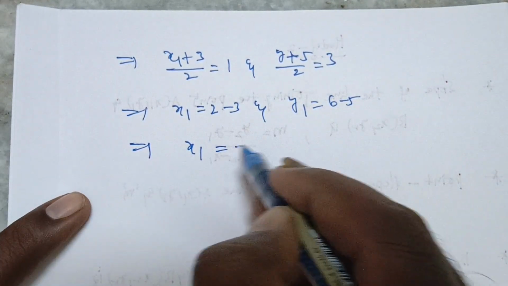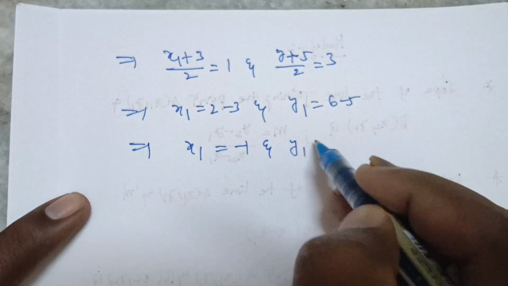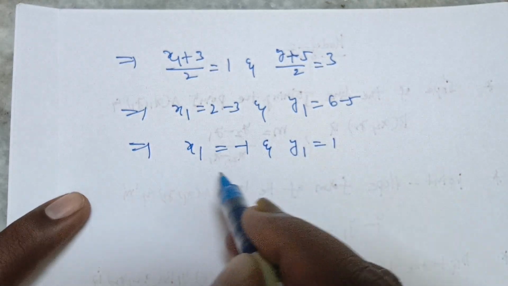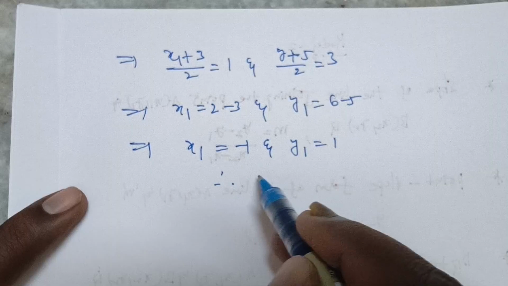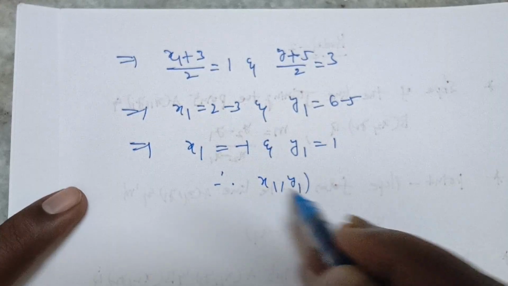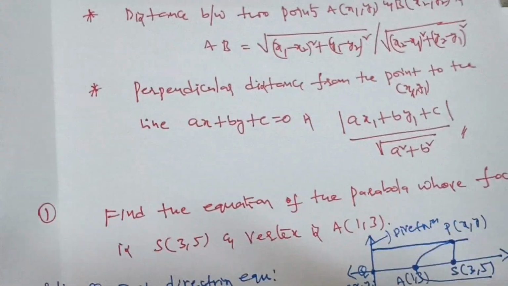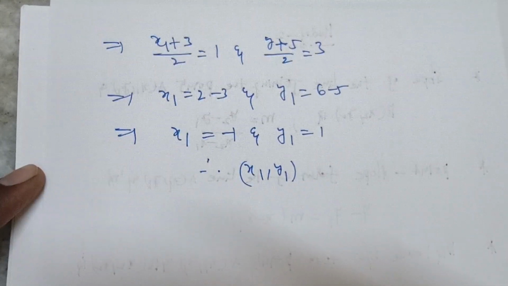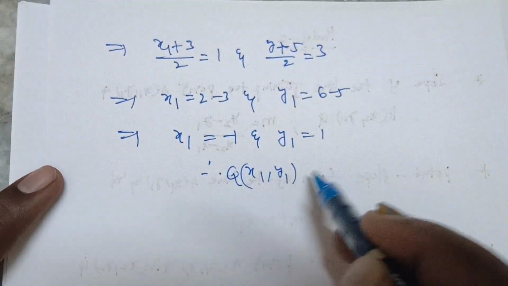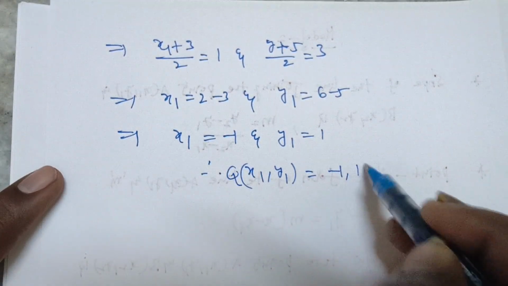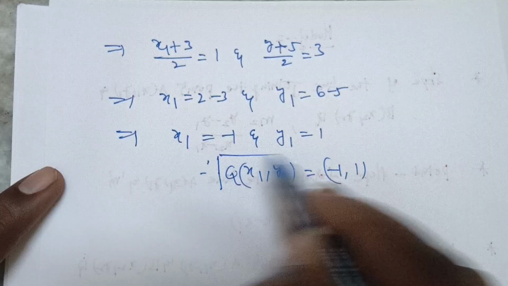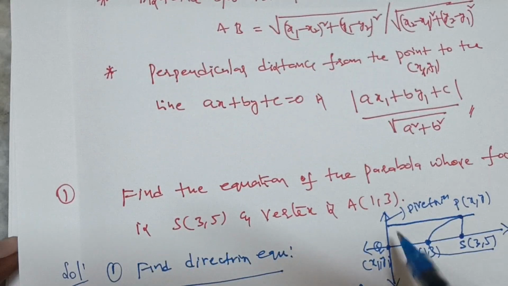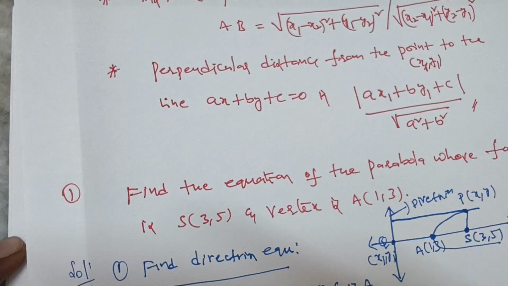So x1 equals minus 1 and y1 equals 1. Therefore, the point (x1, y1) indicates Q. So Q equals (minus 1, 1). We found a point on the directrix first.